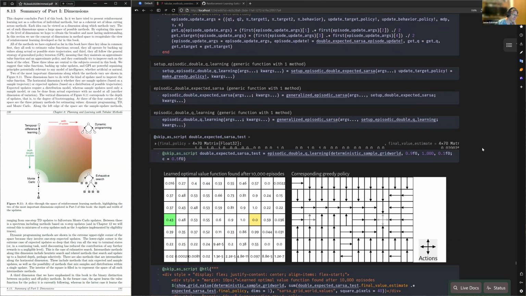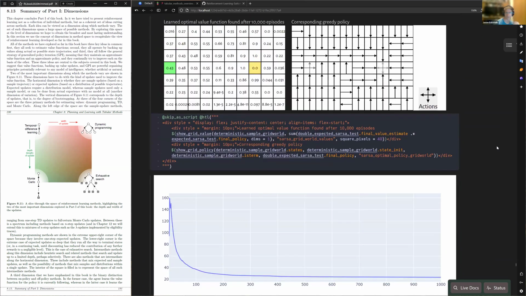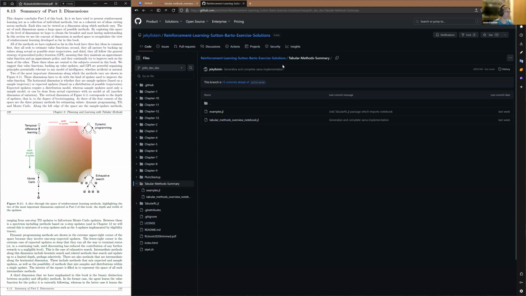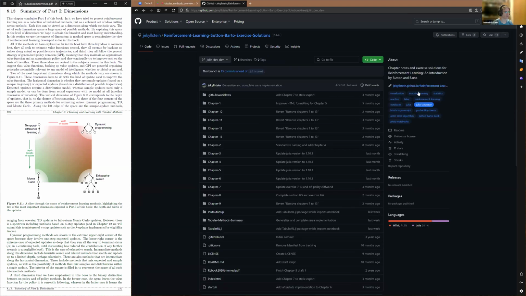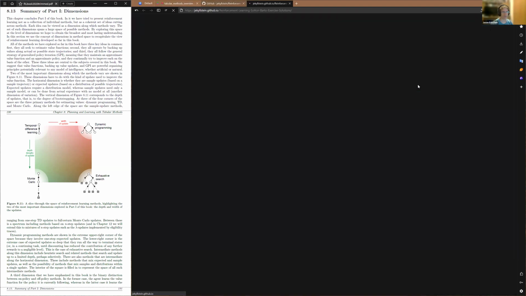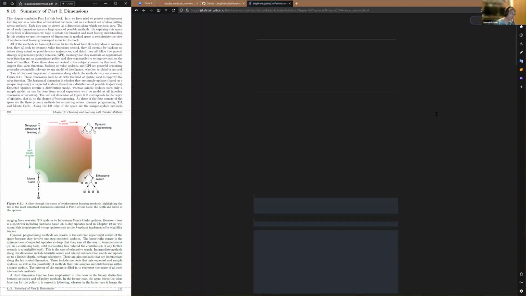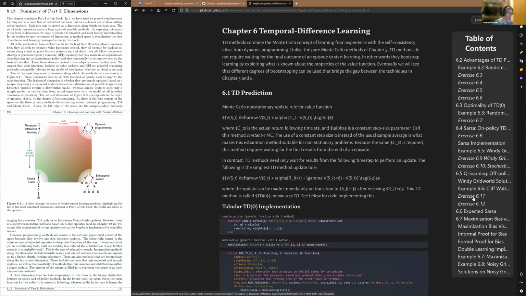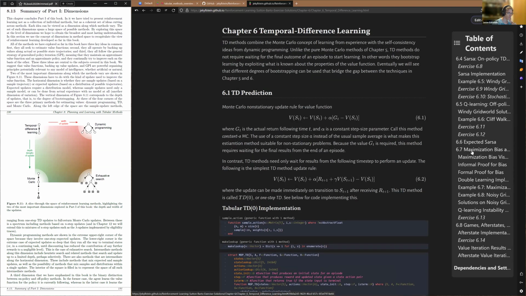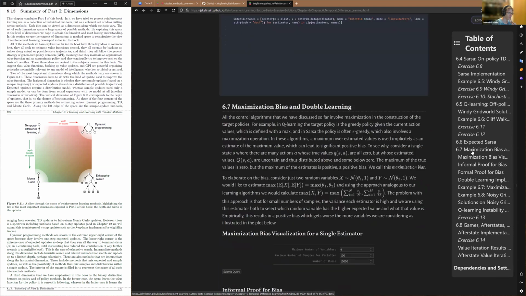I won't go into it now because it's kind of complicated, but if you go to this repository, there's a web page here, which has static exports of a lot of these notebooks, at least the ones I've done so far. And chapter 6 on temporal difference learning has this explanation of double Q-learning and double SARSA. It's in section 6.7.